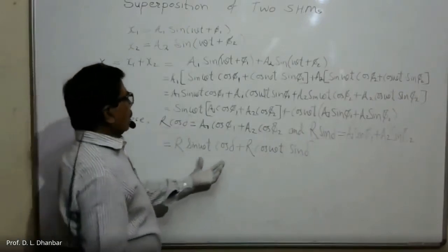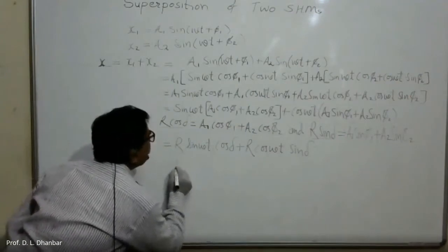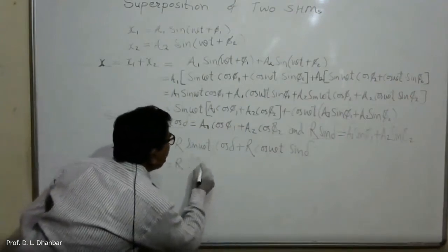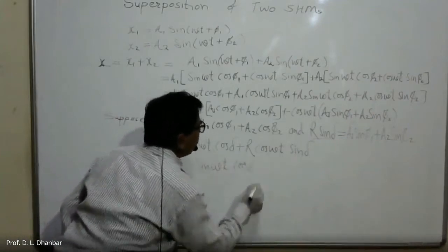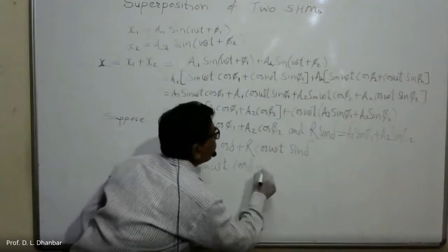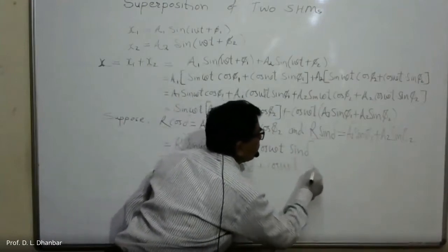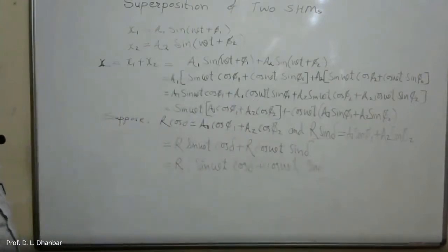So here you can take out r as a common, so that you will get r into sin omega t cos delta plus cos omega t sin delta.